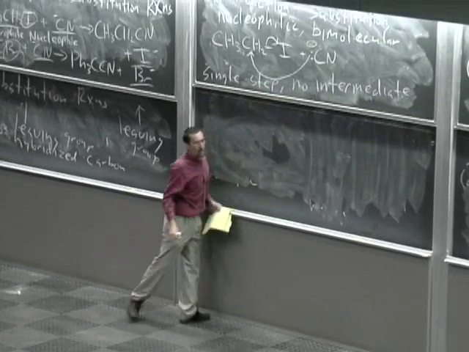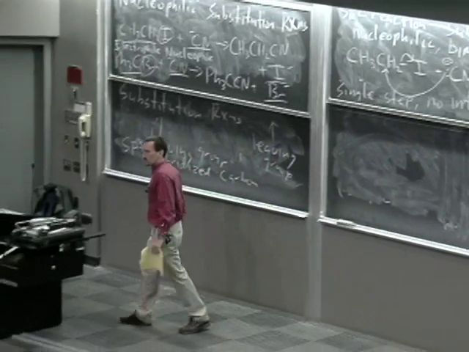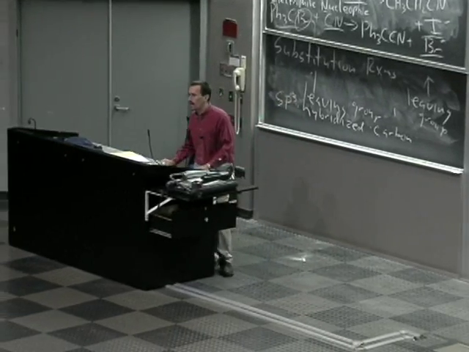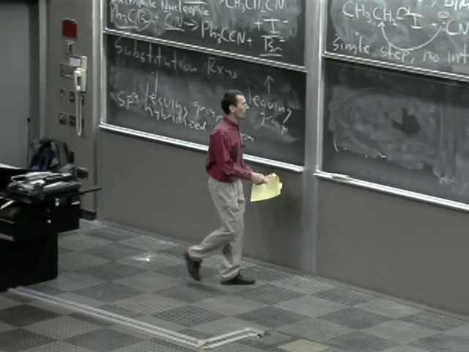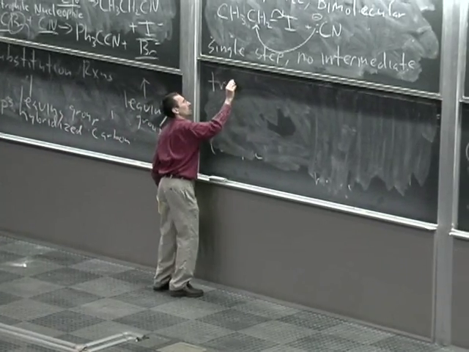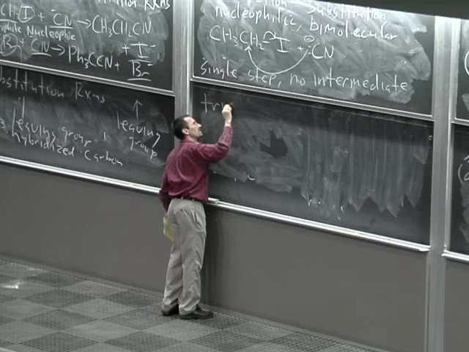And we saw before that as the atoms come together, as the cyanide approaches the ethyl iodide, we go through a trigonal bipyramidal transition state.